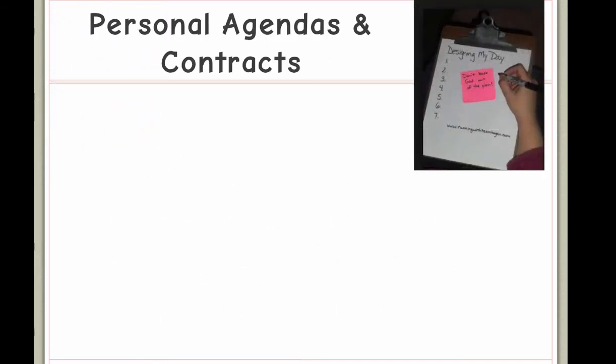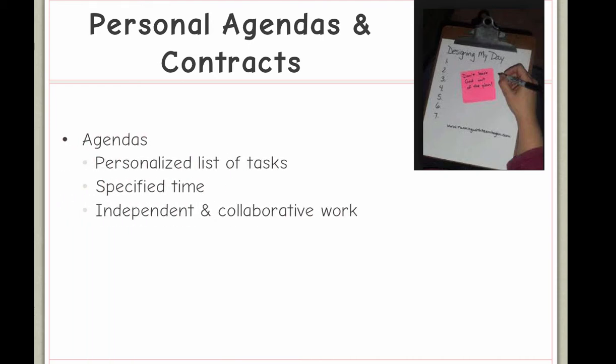One strategy that I love is for every student to have a personal agenda. We can also think of it as a contract for learning. So an agenda is basically a list of tasks that the student can engage in when work is completed. You work that out with the student when they can engage in these tasks.